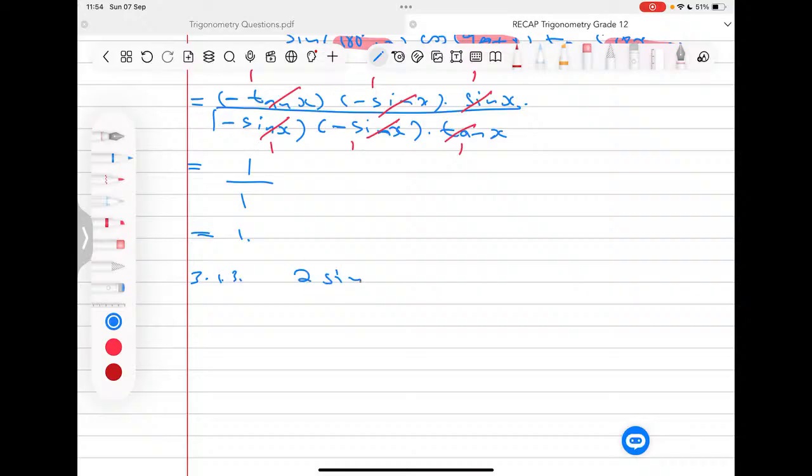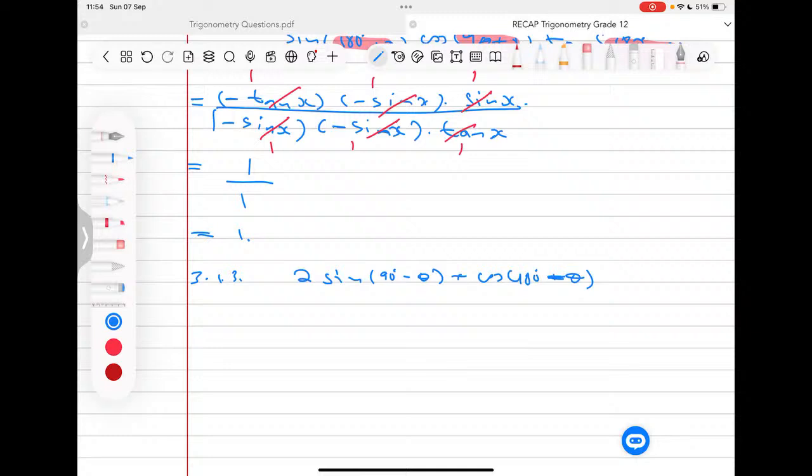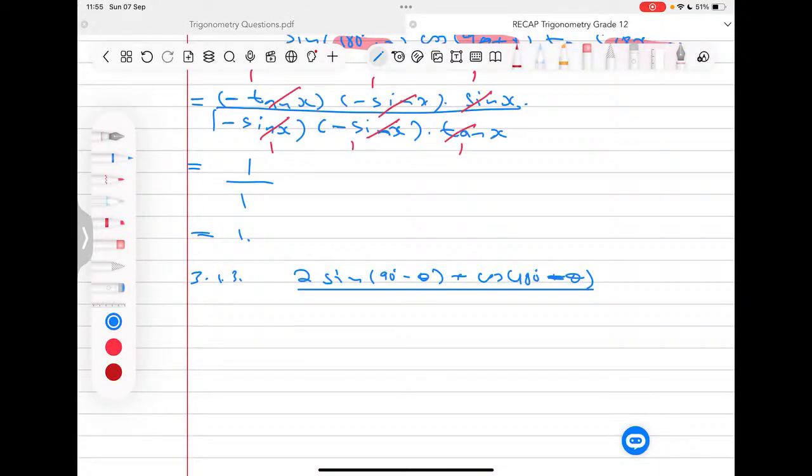And then we said we're given sine of 90 degrees minus theta plus cos of 180 minus, this was a minus theta, yes, the minus theta divided by sine 90 minus theta minus cos 180 minus theta, okay? So that is sine 90 minus theta, cos of 180 degrees minus theta.